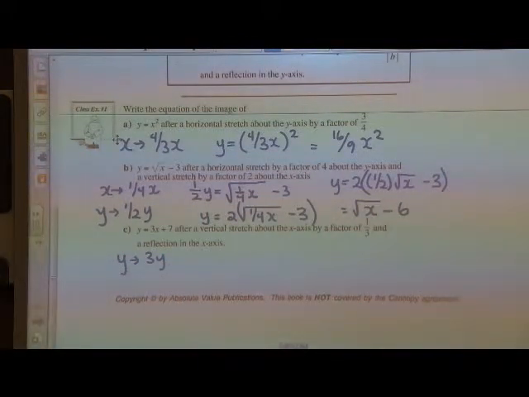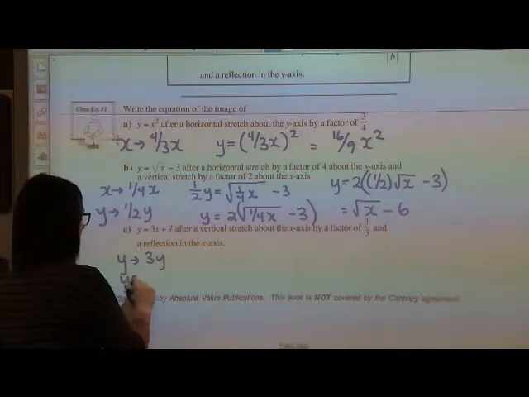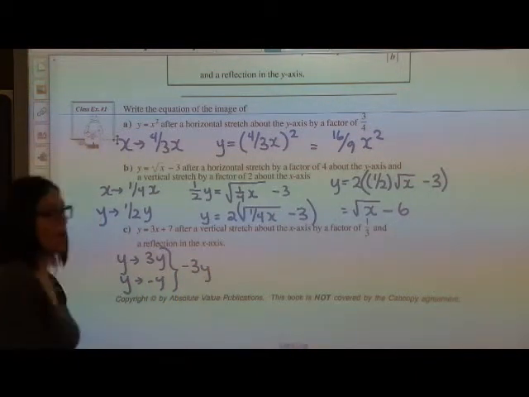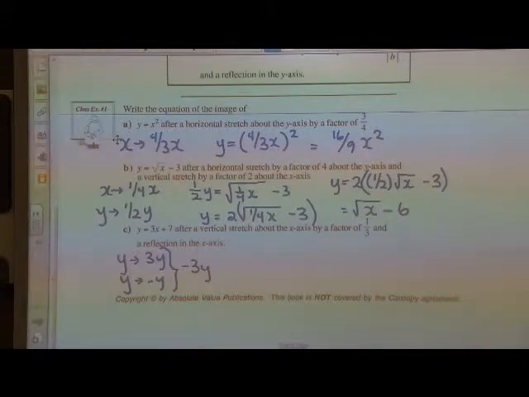And the reflection in the x-axis. So what's my replacement on the reflection? Y over negative y. And then when I put them together, I would get a negative 3y.